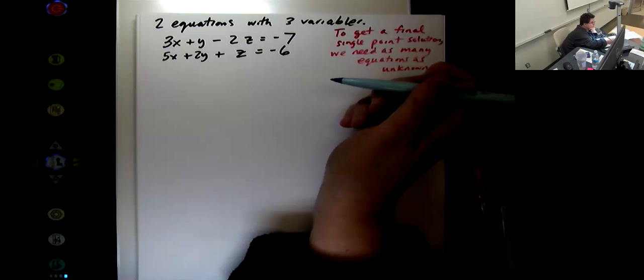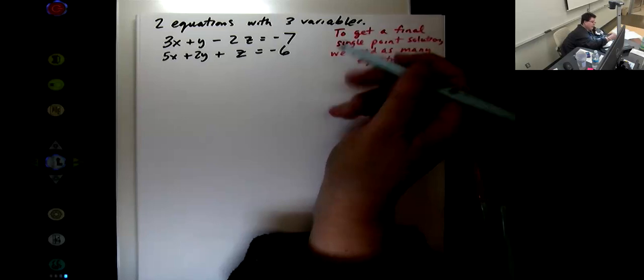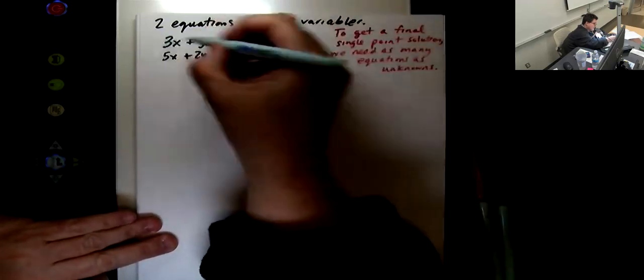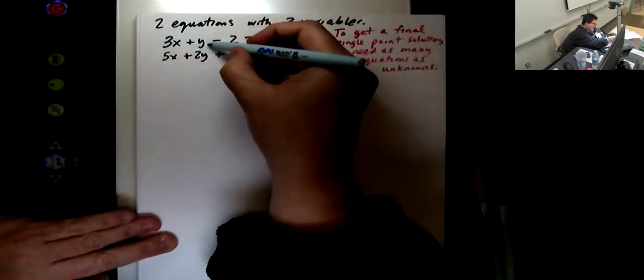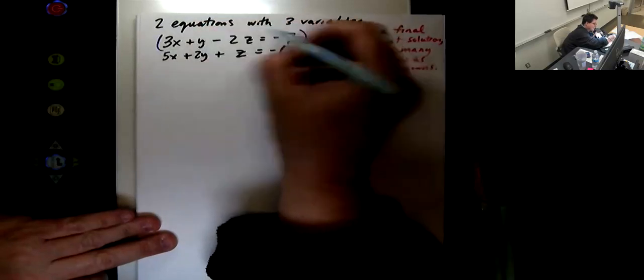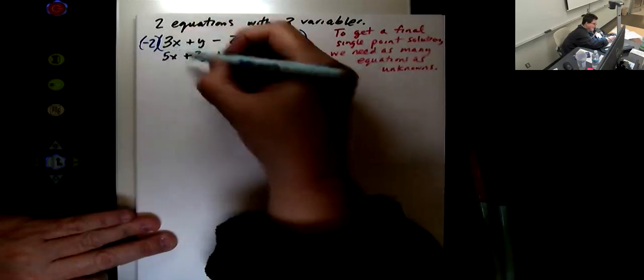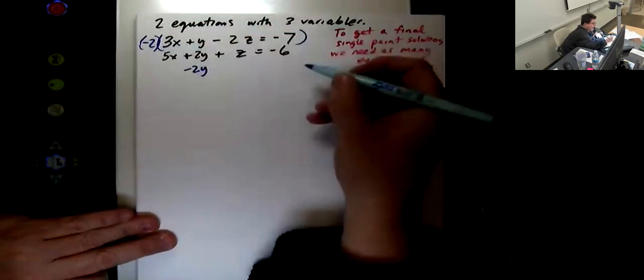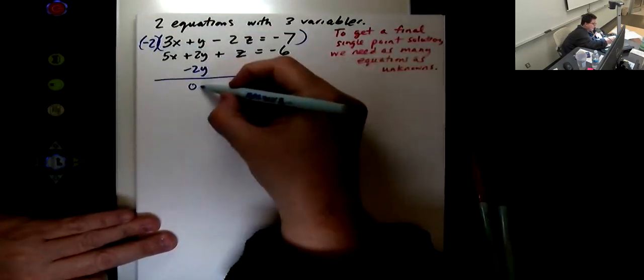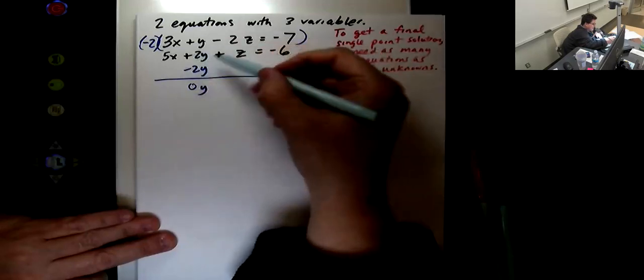First person that spits out one of the letters. Y. All right, so we're gonna get rid of Y. To get rid of the Y, I need to multiply this by -2. If I multiply this equation by -2, I'll get a -2Y there. And when I add them up, the Y's will go away. So that's the logic there.